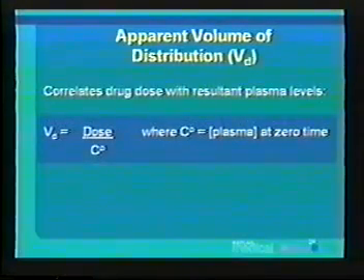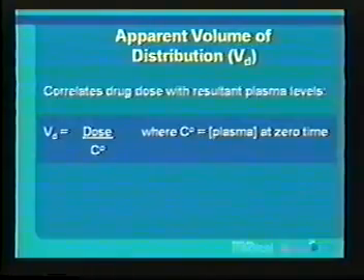Now, I'm going to ask you to get a little bit mathematical, not too seriously. It concerns a set of things that we need to know about pharmacokinetic parameters. One parameter that I need you to know about is called the apparent volume of distribution.